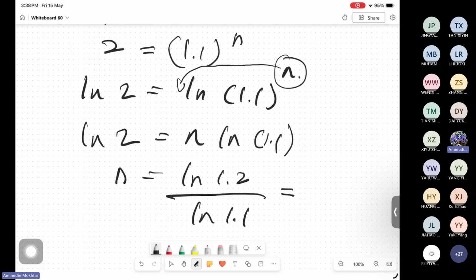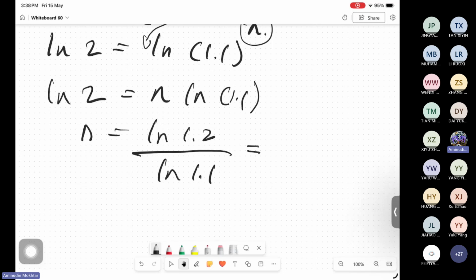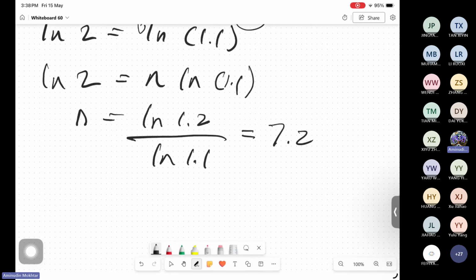Then for this, you can use your calculator. You will get the answer 7.27. That is the n, the number of years. So basically, the answer is 7.